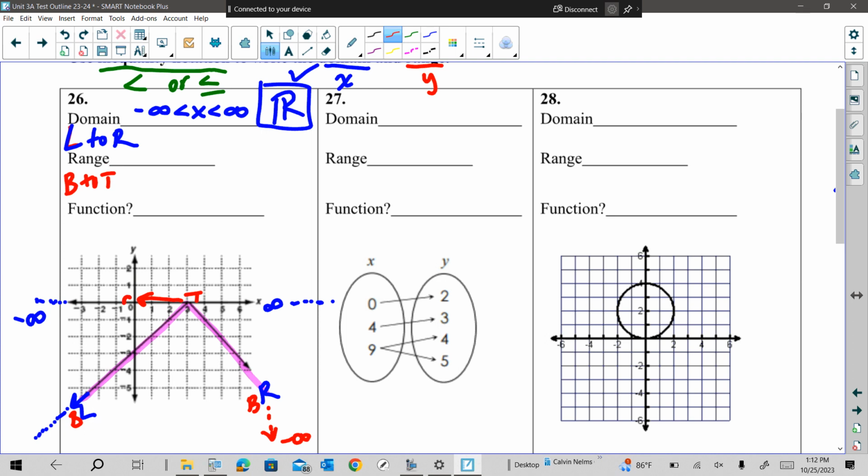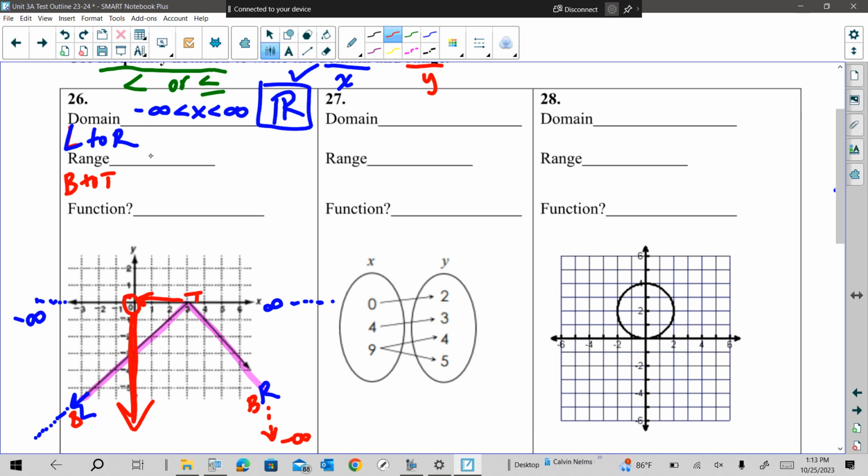The top of the graph is at 0, so it's starting at 0 and everything gets pointed down. Let's say the peak was at 2 on the y-axis. We would look at the y because the range is y. You always look at the y for range. I don't care if the point is on the x-axis, you have to look at the y value.